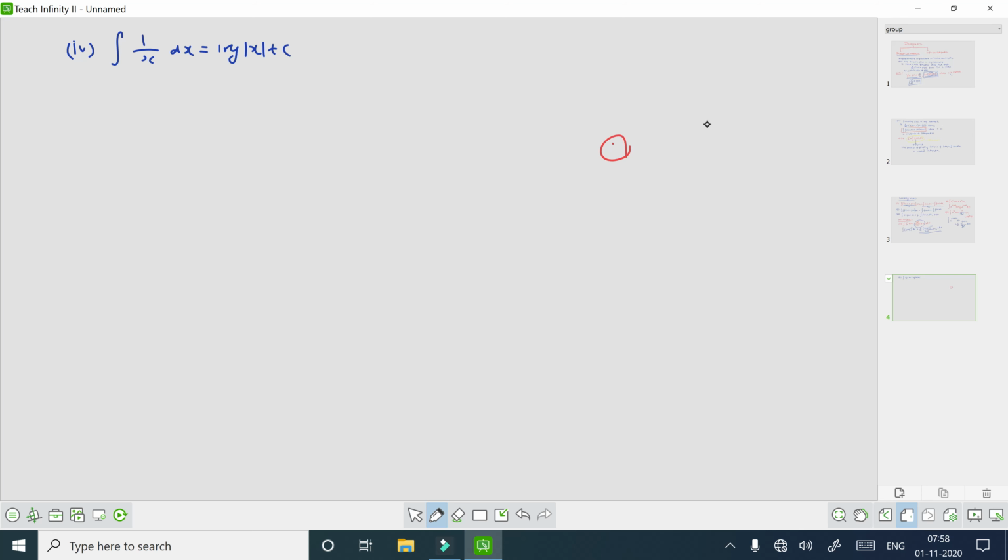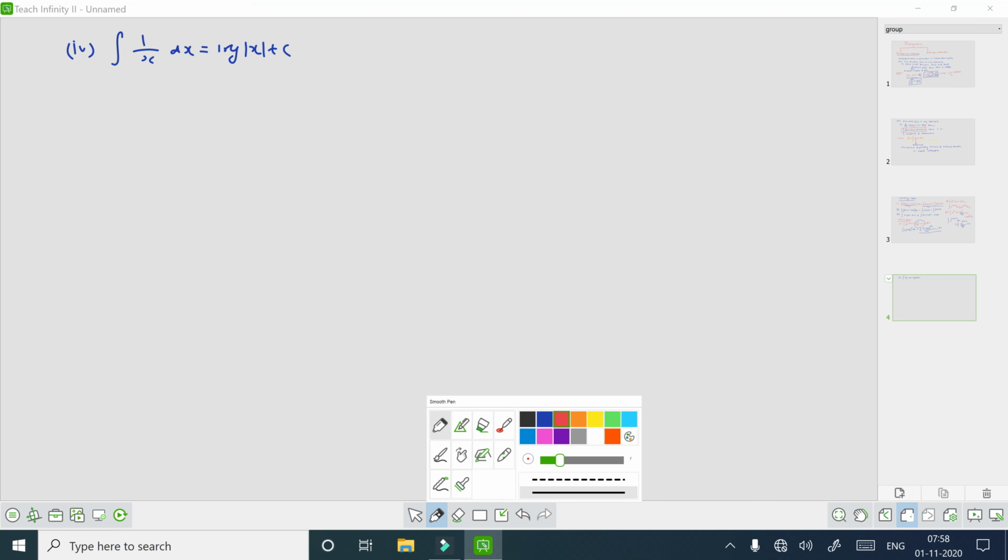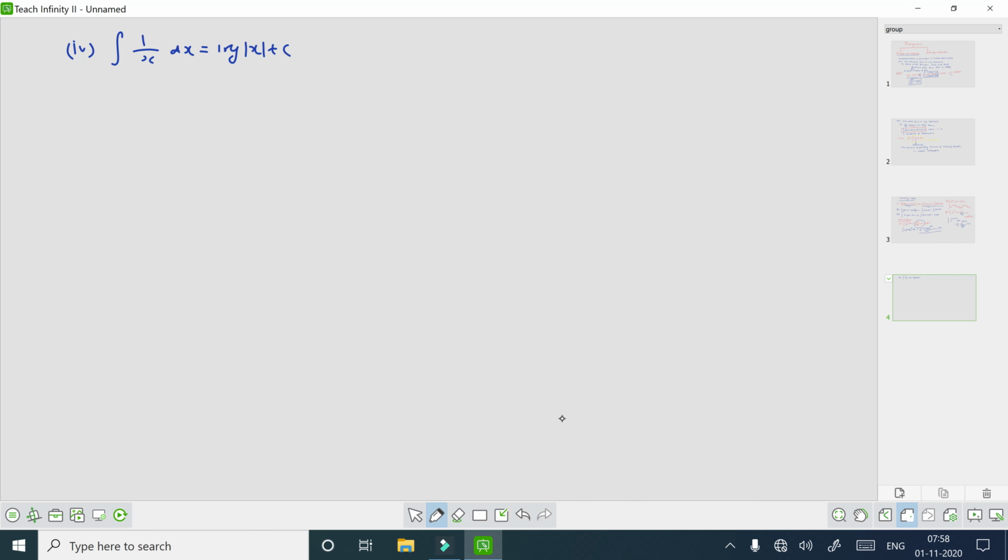Now see here. Here the base is e, and x is not equal to 0. Now what can you say about the linear form?